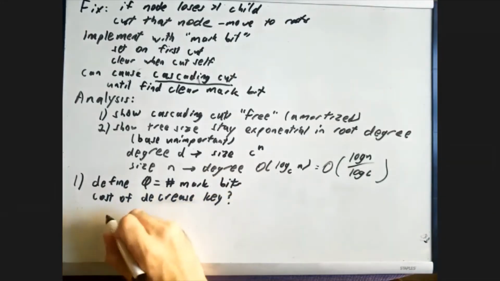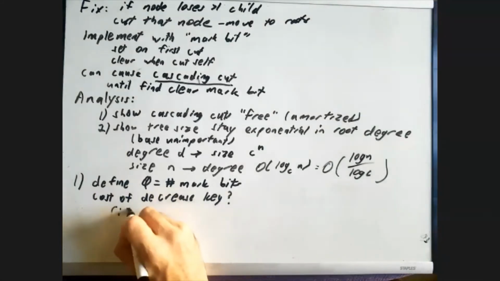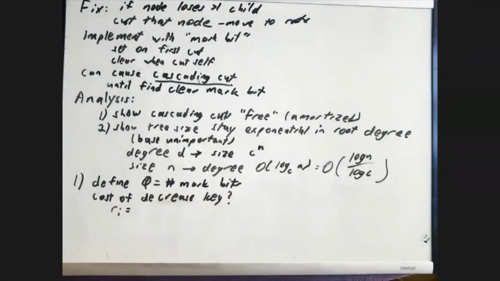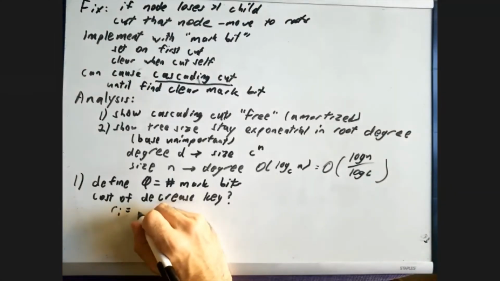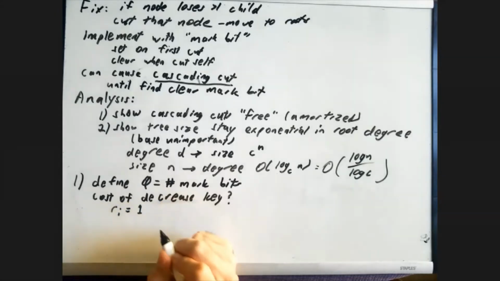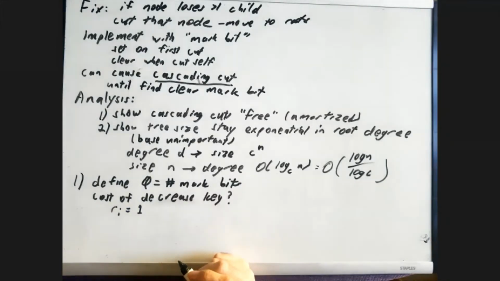Well, what's the real cost? The number of nodes you cut. Right. Plus a little bit, right? So it's 1 for the basic housekeeping work that needs to be done.